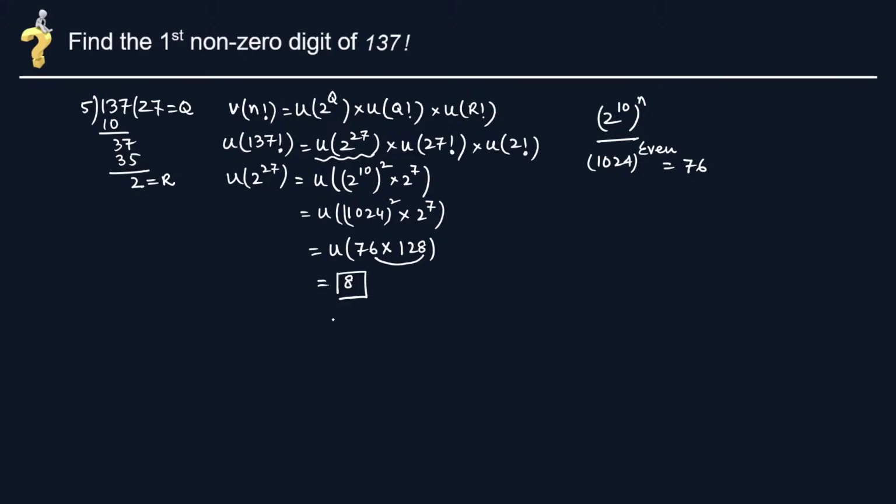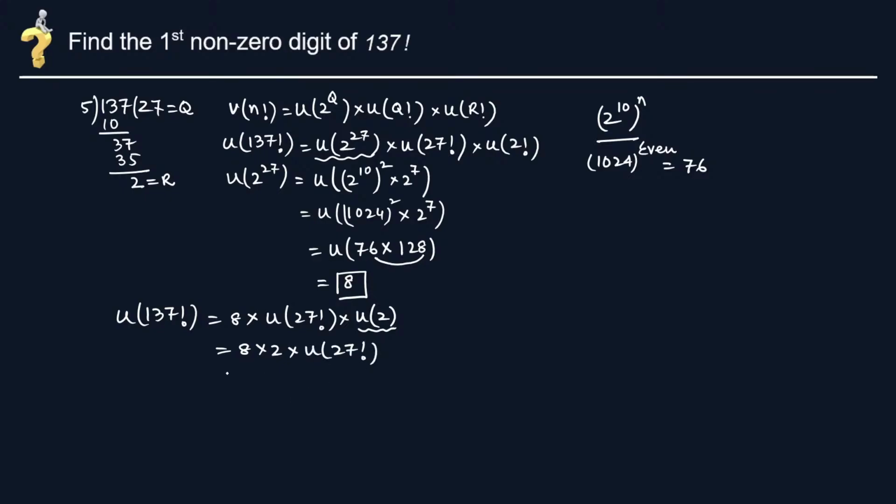Is it clear to all of you? So your u of 137 factorial now comes to 8 into the first non-zero digit of 27 factorial into factorial 2, which is 2. So this is basically 8, and the last non-zero digit of 2 is basically 2.